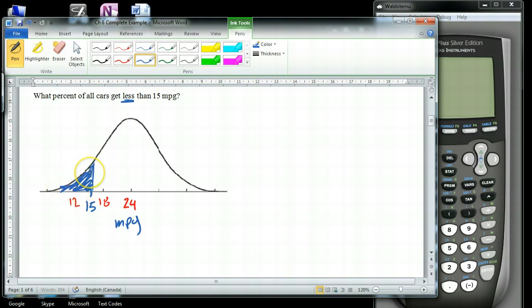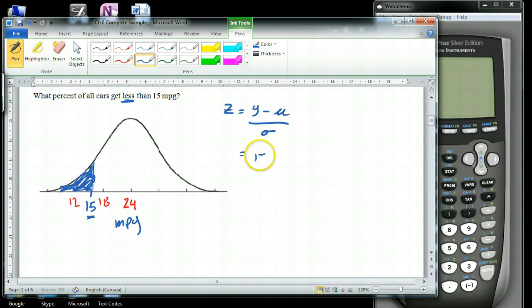The first thing we need to do is turn this 15 into a z-score and then get the percent. Let's calculate the z-score first. The z-score equals our value, y, minus the mean, mu, divided by the standard deviation.